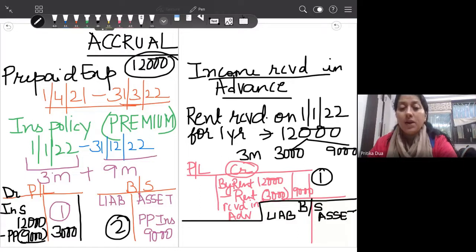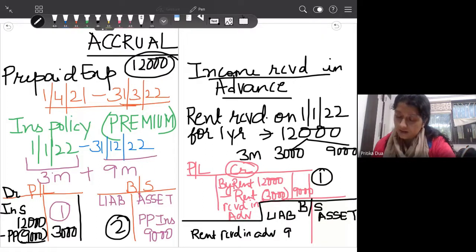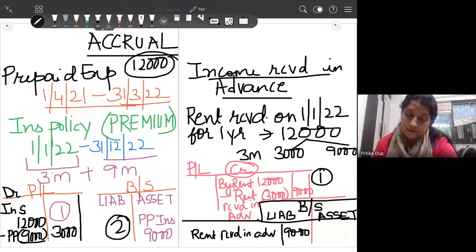So any obligation is a liability for the business, and hence rent received in advance, the 9,000 amount will come on the liabilities side of the balance sheet. This is the second impact of this adjustment.